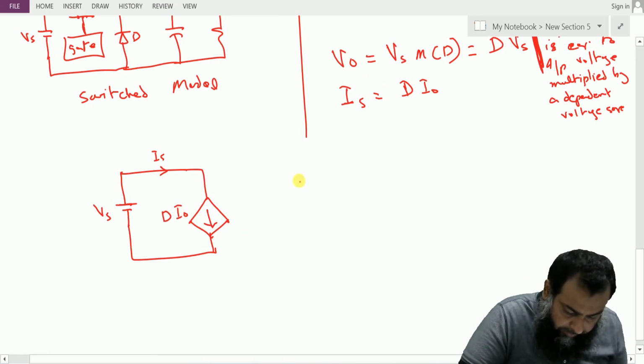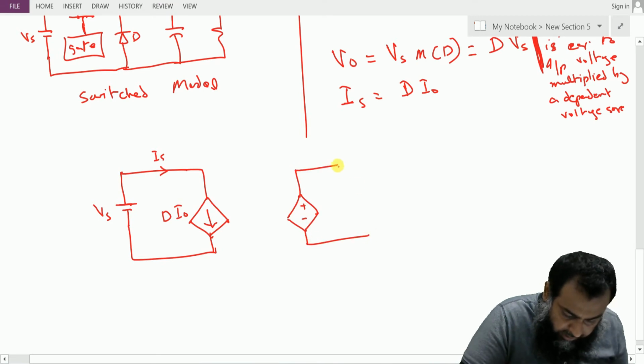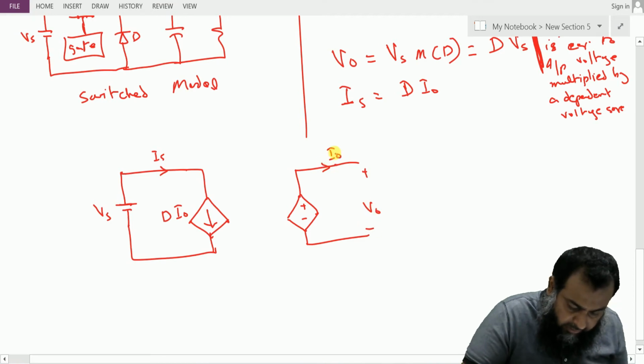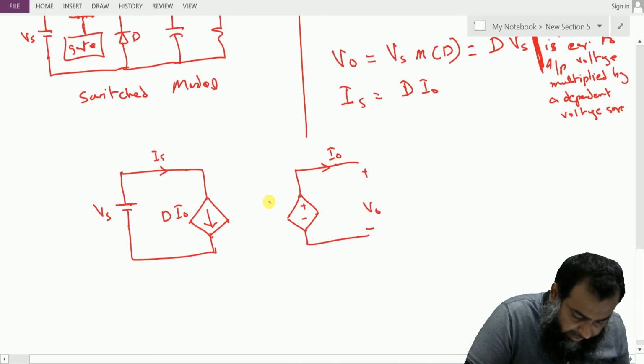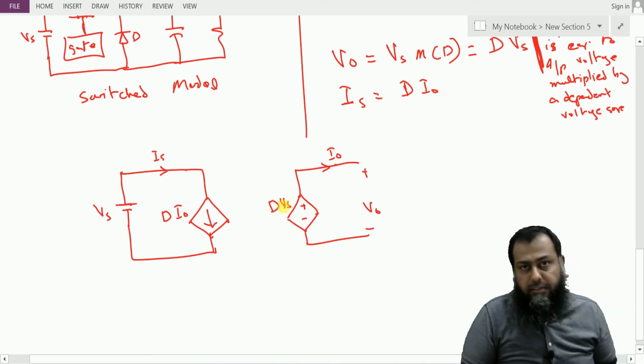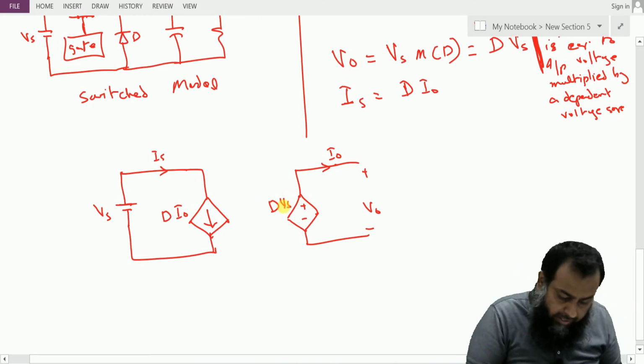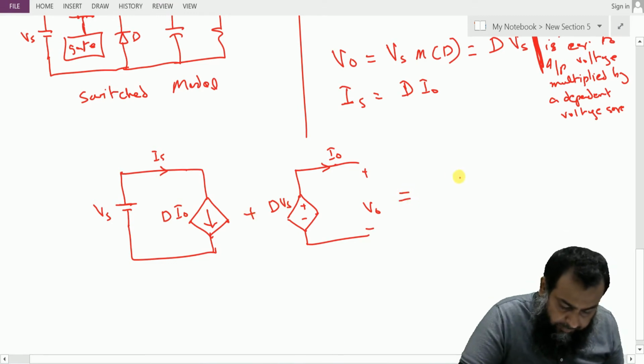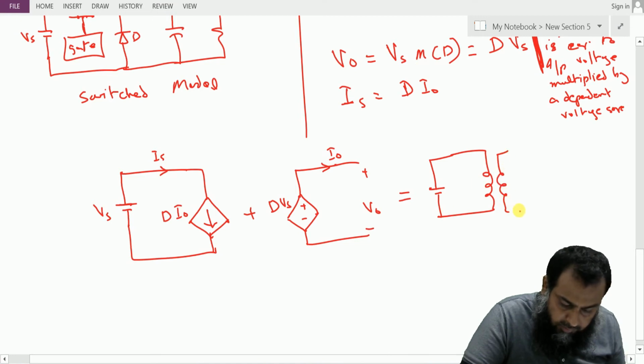On the other side, V naught, which is here, is equal to D times Vs. And if we combine these two together, this gives me a transformer equivalent model, something like this one.